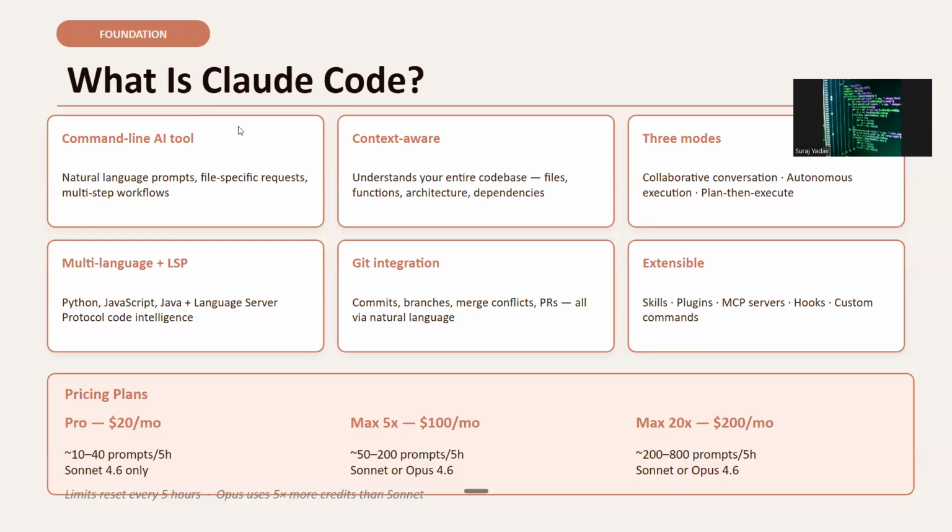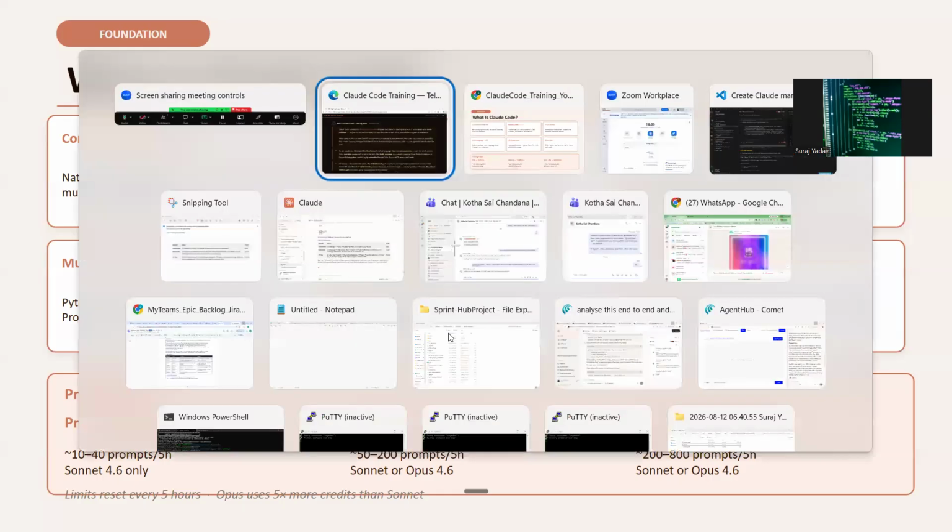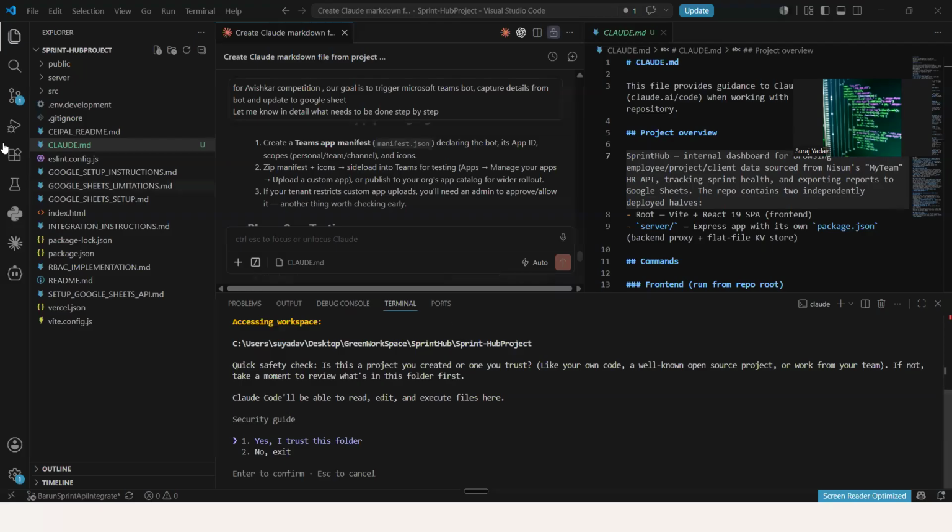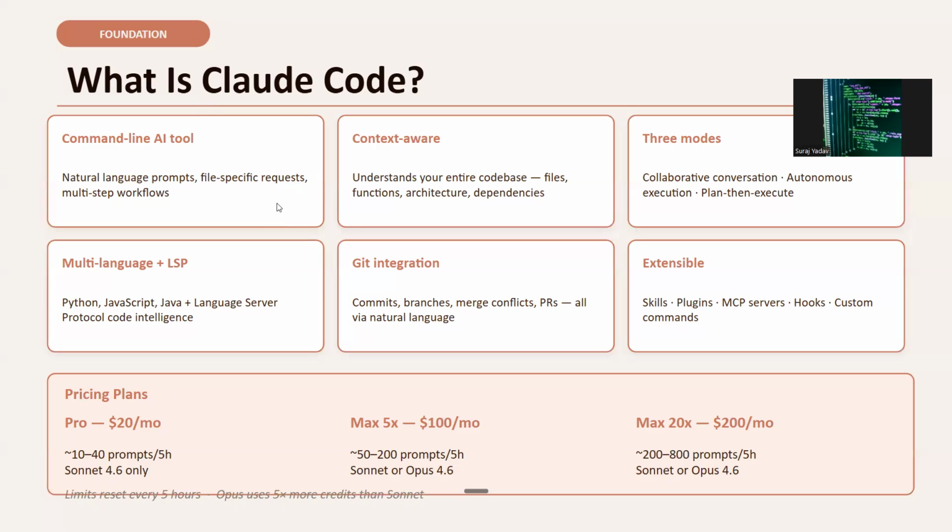It understands your entire code base, not just the file that you open. It will understand your whole project rather than just a bunch of files. It will understand your architecture and your dependencies.